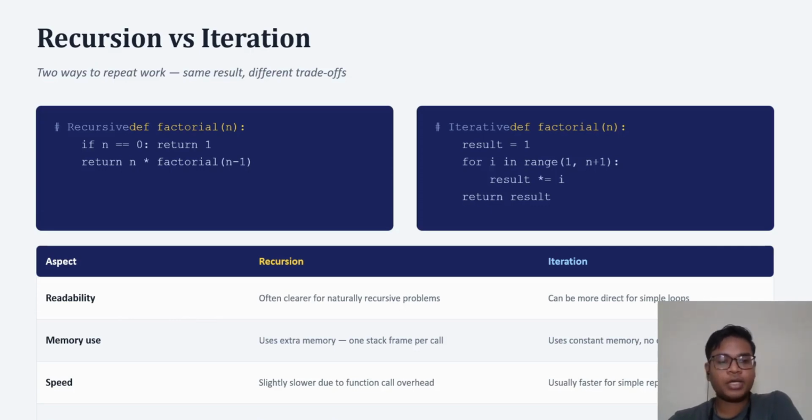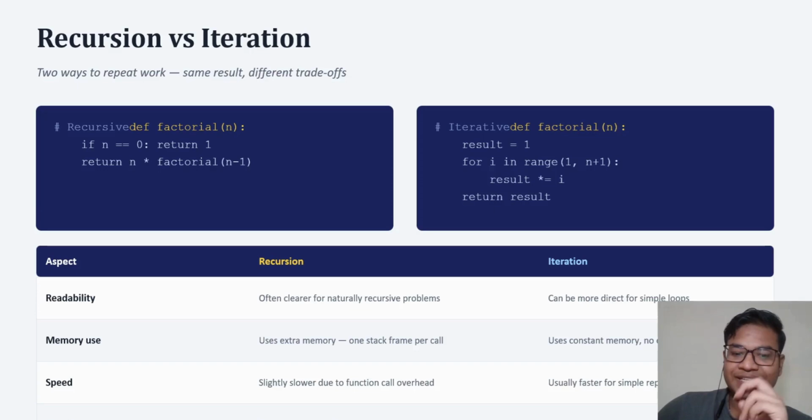In memory, recursion uses extra memory, one stack frame per call, which is very important. But iteration uses constant memory, with no call stack growth. In speed, recursion is slightly slower due to function call overhead, but iteration is usually faster for simple repetition.